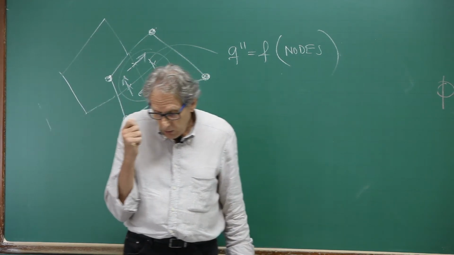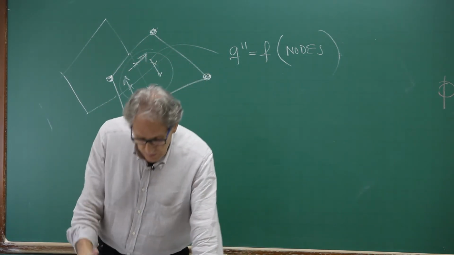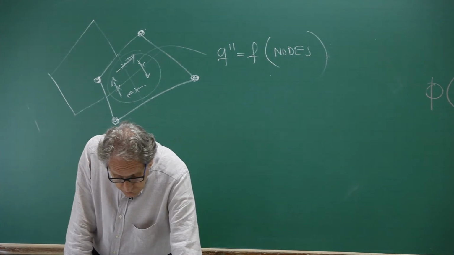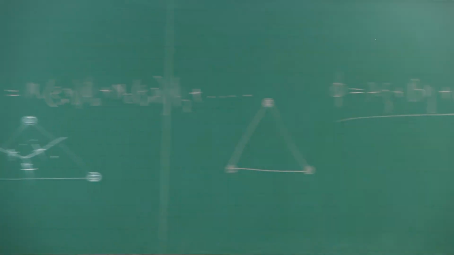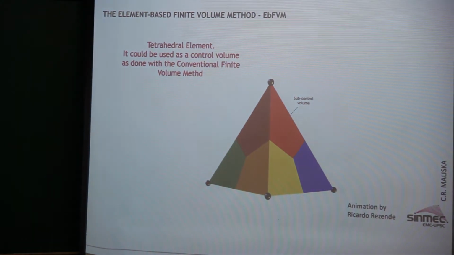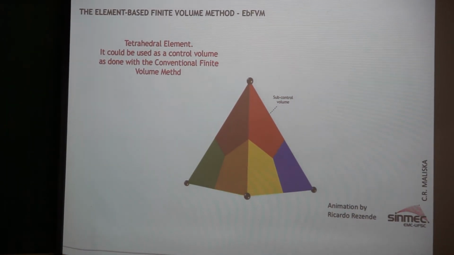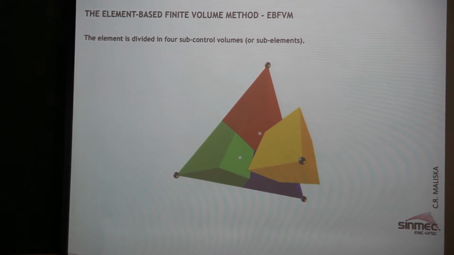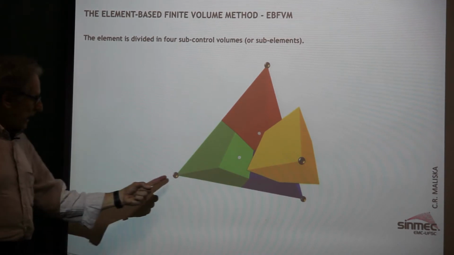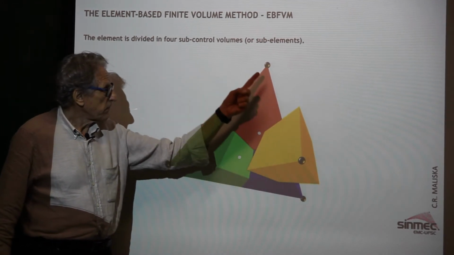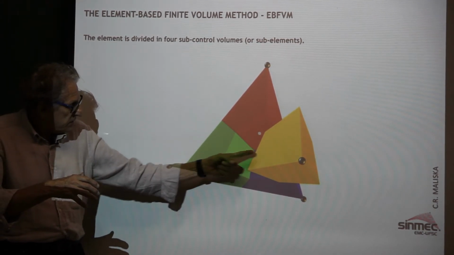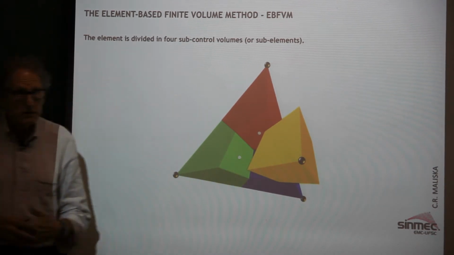In order to see now how you build it, let's see for the tetra. Here's the tetrahedral element, 3D of course, with 4 subcontrol volumes: blue, red, yellow, and green. Then here it is exploded. The green sub-element, or subcontrol volume green. Unknowns are here. You can see that when they connect there are integration points, and the other one is behind.